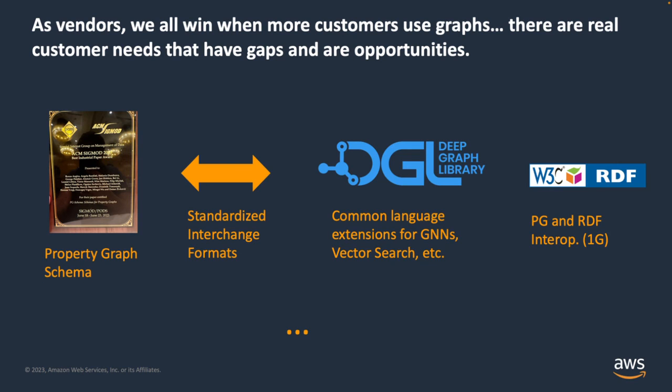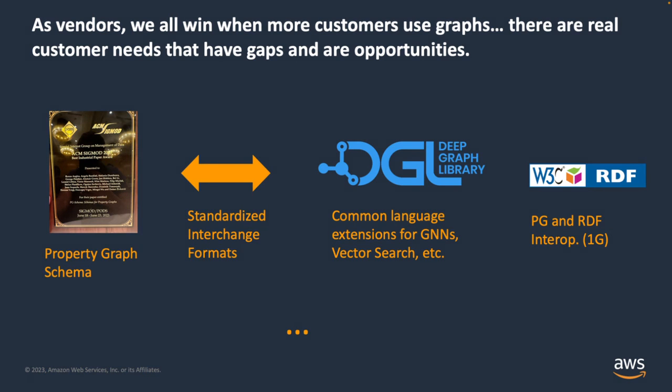And for this group, as vendors, practitioners, and researchers, we all win when more customers use graphs. We all win when there's broader understanding about the kinds of problems and the successes that people have. And there are some real challenges to customers being able to use graphs easily. I cherry-picked a couple in here.